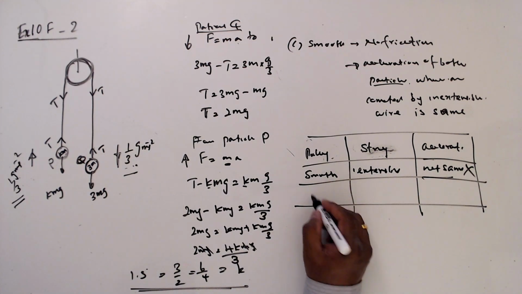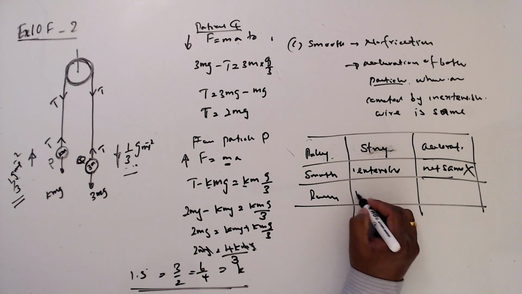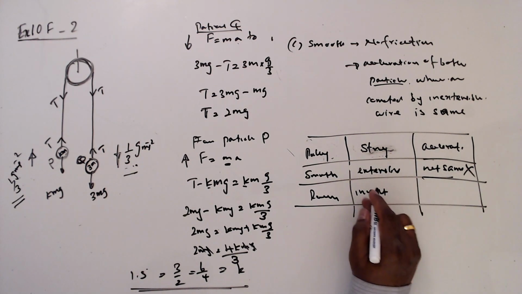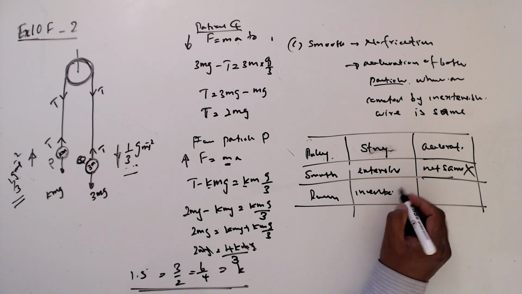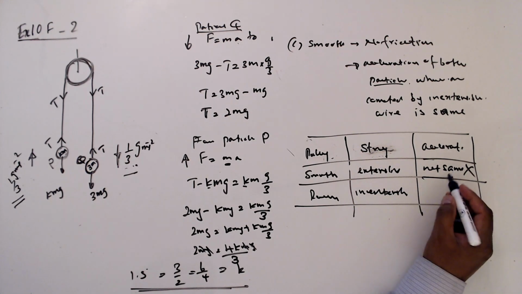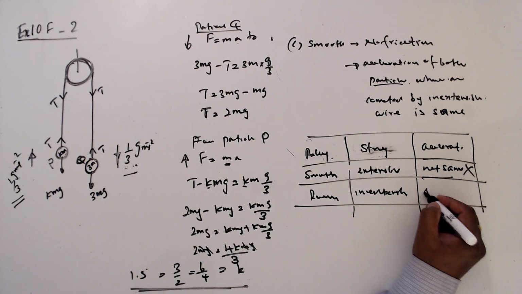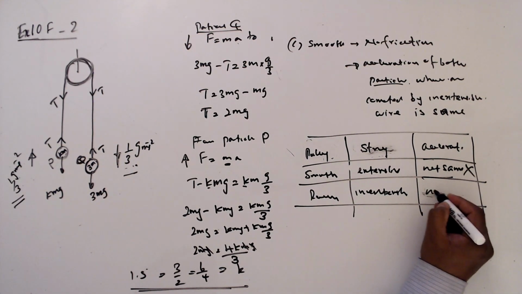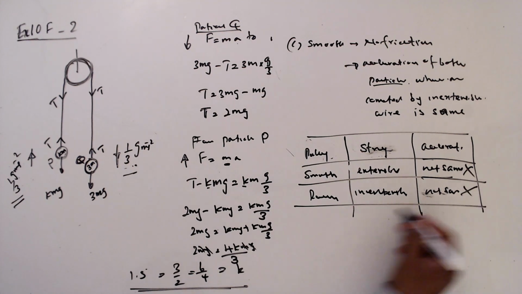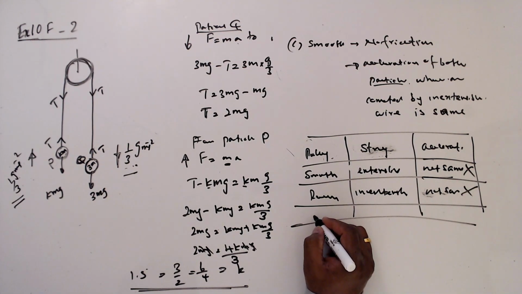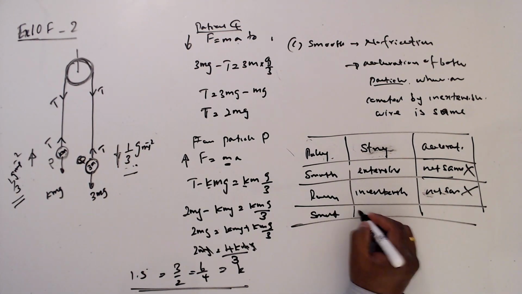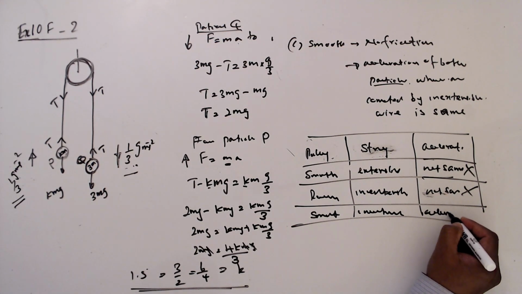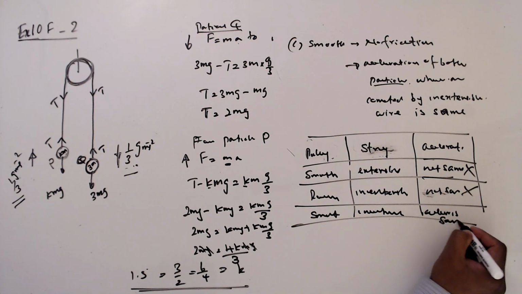If the pulley is rough, this is inextensible, this is extensible, then the acceleration is not the same. So here it is smooth and inextensible, then the acceleration is the same.